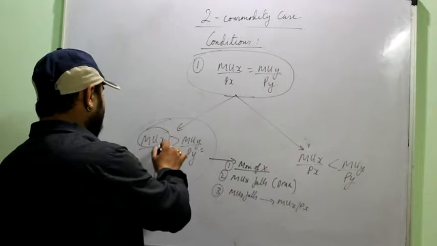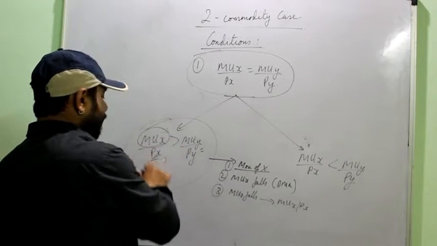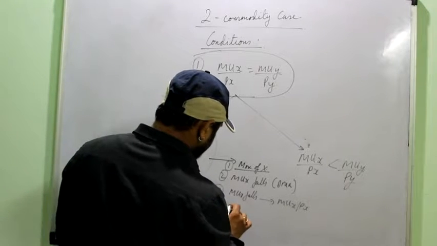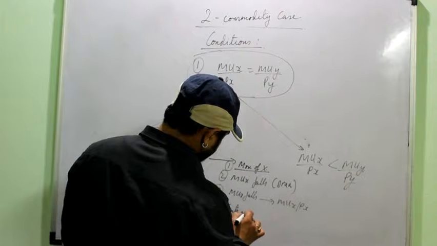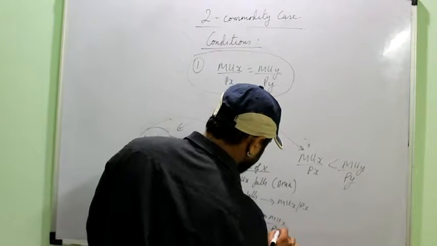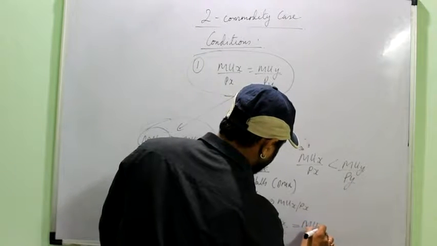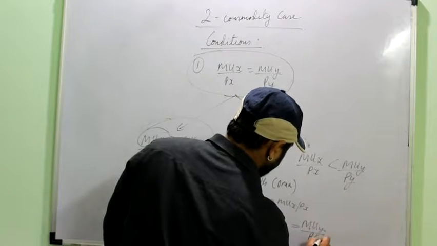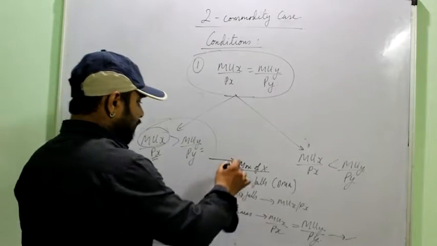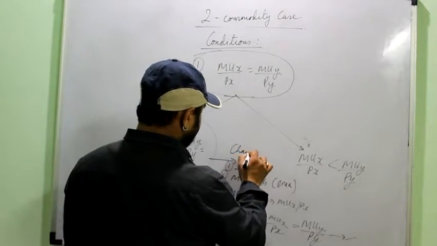If the value of the numerator declines, the value of the fraction also declines. And this continues till mu(x) upon px becomes equal to mu(y) upon py and equilibrium is re-established. So this can also be called the chain of effects.